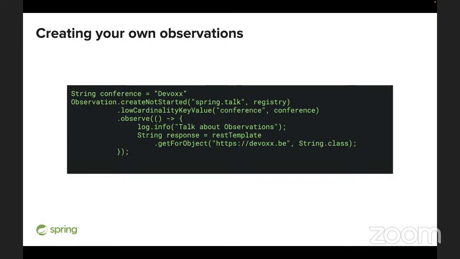What's happening is that within the lambda block, it will time the invocation. Because you're using RestTemplate, it will automatically share the context ID, so the context ID will be available on the server that's responding to that devoxx.be service. Everything related to that request will be linked consistently.